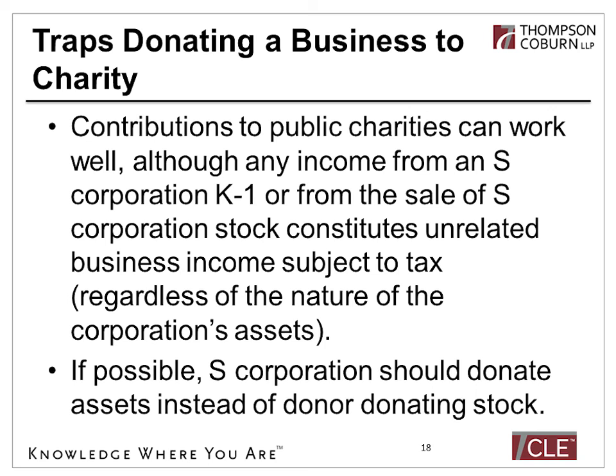Now, if you have an S corporation, then you have some complications when you make a gift to charity. First of all, if you give some stock in the S corporation to the charity and the charity holds on to the stock, any income that comes from the S corporation is going to be what's called unrelated business income. What does that mean?